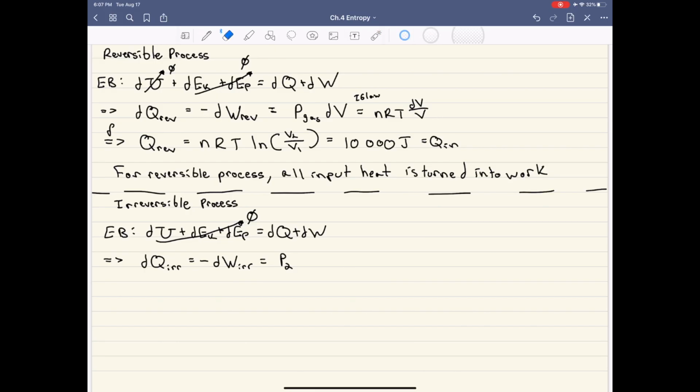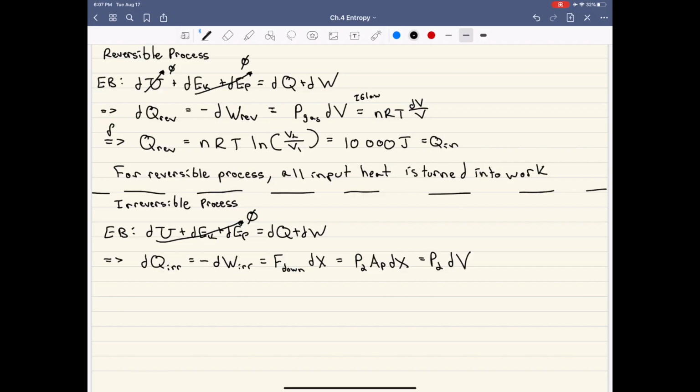And so, just to make this a little bit more clear, what we get is that it's going to be force dx, which we could write as pressure 2 times the area of the piston dx, and we could combine everything so that it's pressure 2 times the area of the piston. Okay?